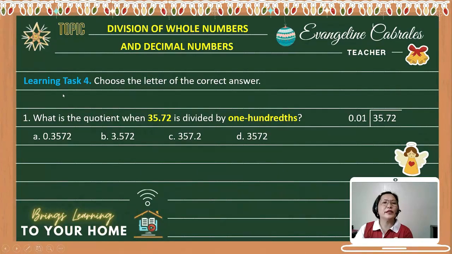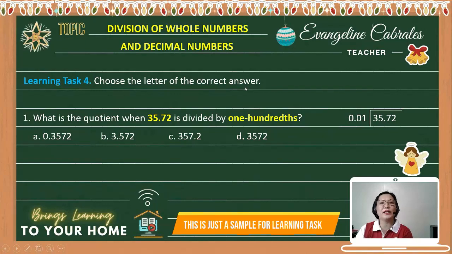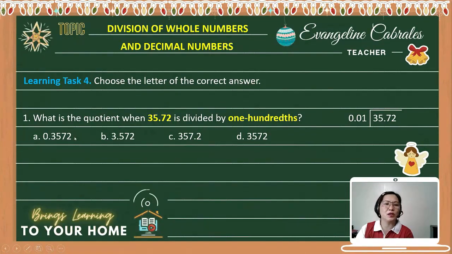And then, for learning task 4, choose the letter of the correct answer. Pipiliin lang sa choices ang letter ng inyong sagot. So, what is number 1? What is the quotient when 35 and 72 hundredths is divided by 1 hundredths? So, kung napansin nyo, ito ay numerical form, ito ay word form.